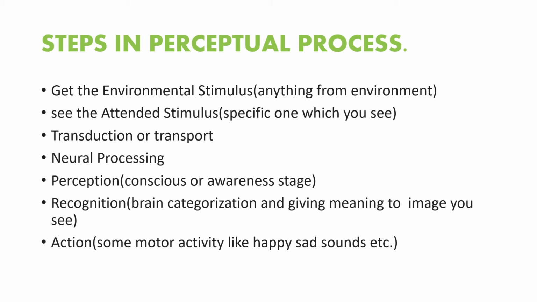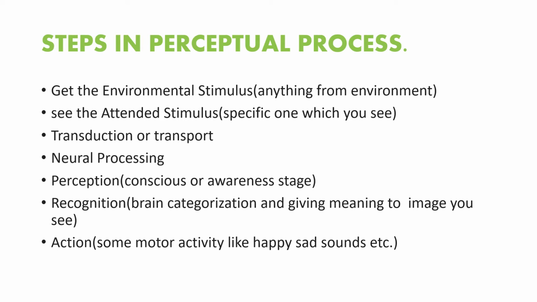After that, action will take place. That means some motor activity, like happy, sad, sounds, etc. After seeing, hearing, touching or feeling the stimuli, you may feel happy, you may feel sad, you may show some motor activity. So these are all the steps we can see in the perceptual process.